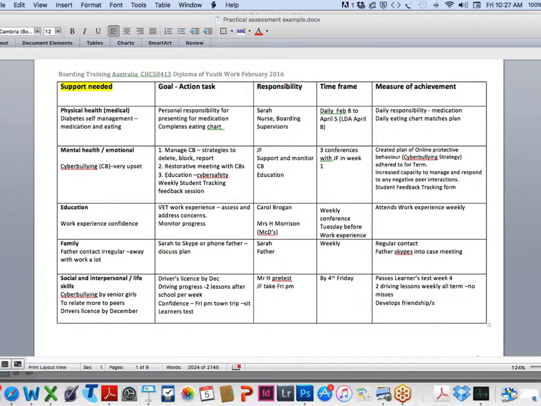So we're going to try and build up her confidence, set some individual goals there about passing her learner's test at week 4, that she does 2 driving lessons weekly all term, and that she starts to be able to develop some friendships with her peers once she's worked through this conflict situation.